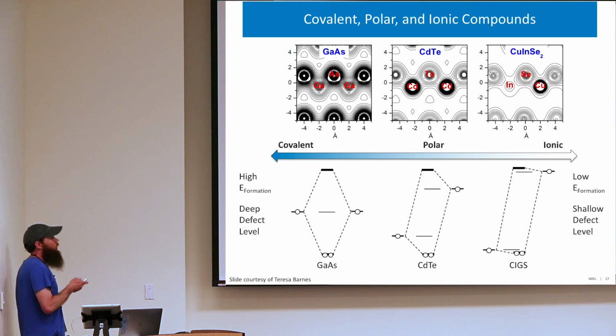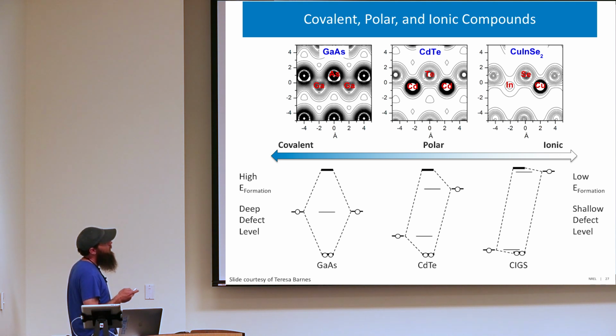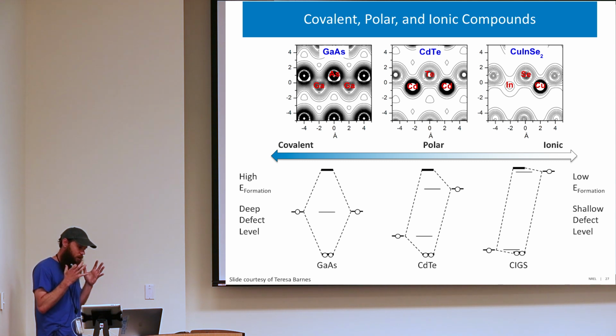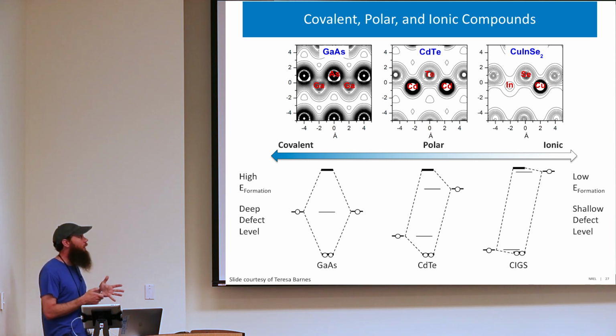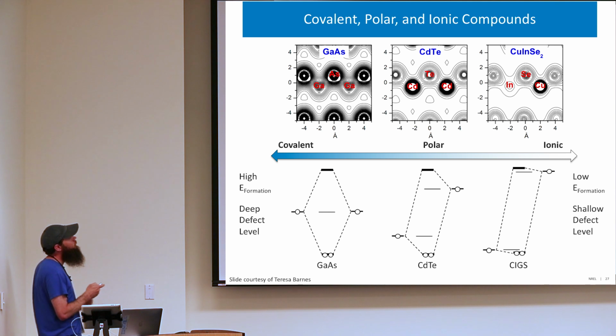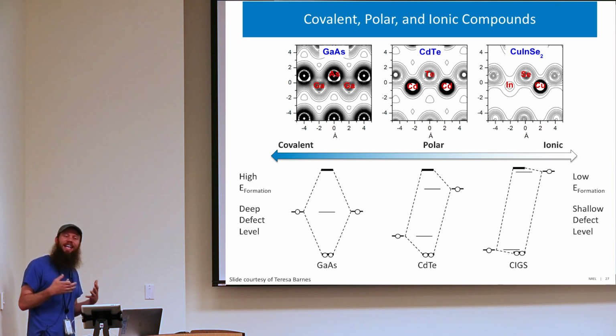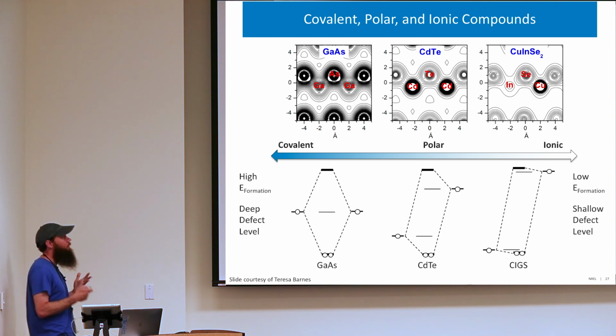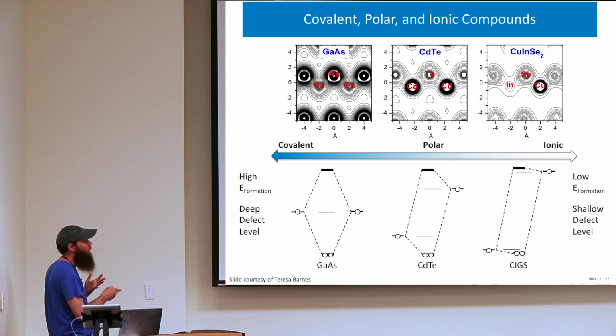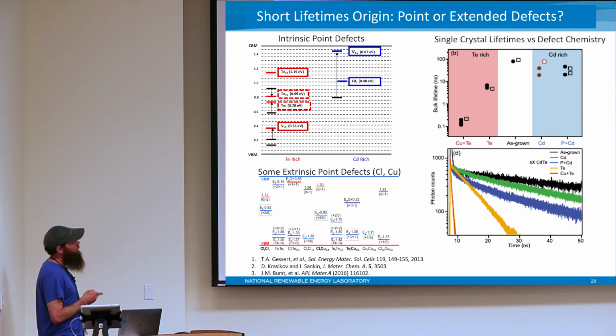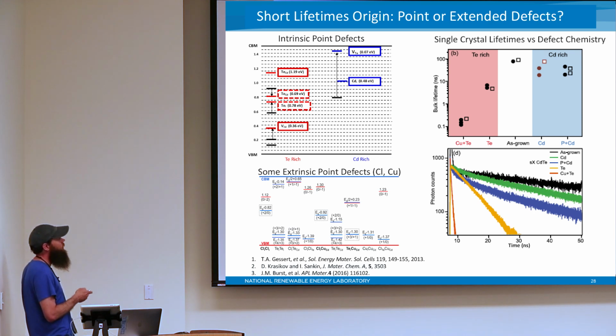Okay, so here is a general way that you might think about defect tolerance. You can think about the ionicity of a particular type of compound as you go from being primarily covalent bonds to primarily ionic bonds. If we look at these point defects, so this is just how the lattice is disturbed, we've had different theories along the way.